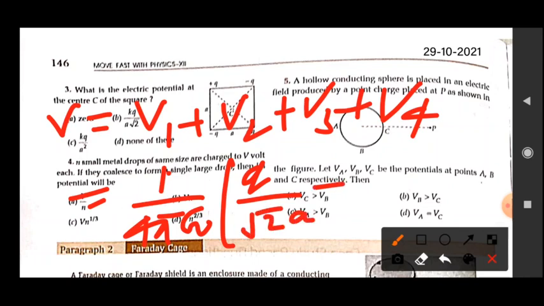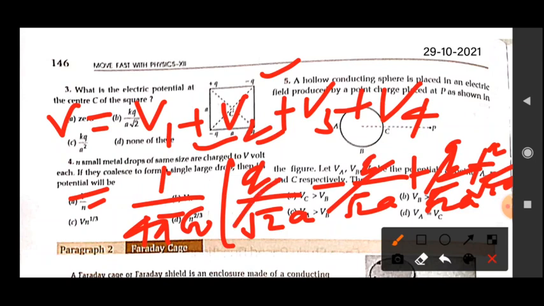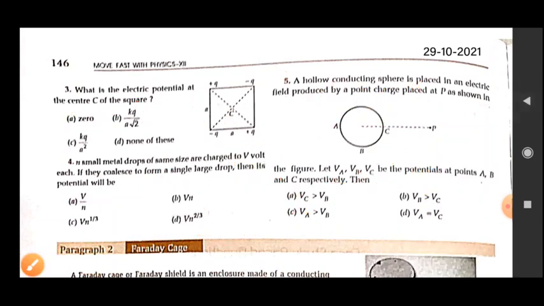Now minus, the potential due to this will be q upon root 2a, then plus, as it is plus q upon root 2a, and the last one you can see again it is minus, so it will be minus q upon root 2a. So these are now the cases, and here you can see students, these all cancel out each other. Finally we are getting the potential at the center equal to 0. So this is a very easy method to calculate the net potential at the center.